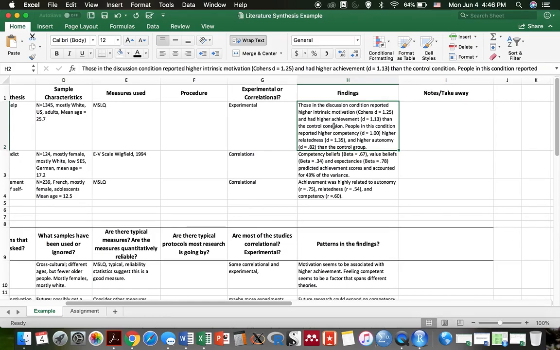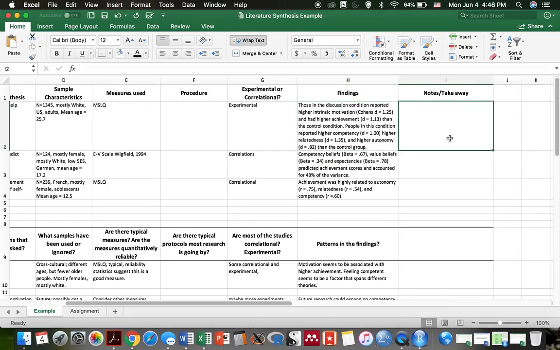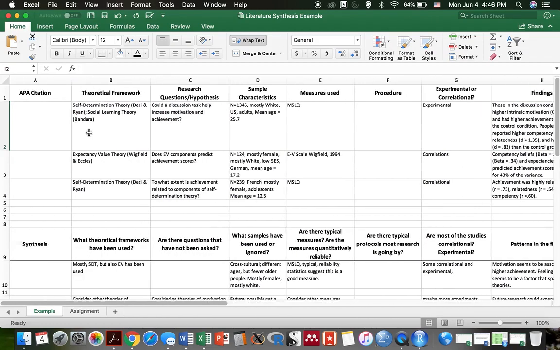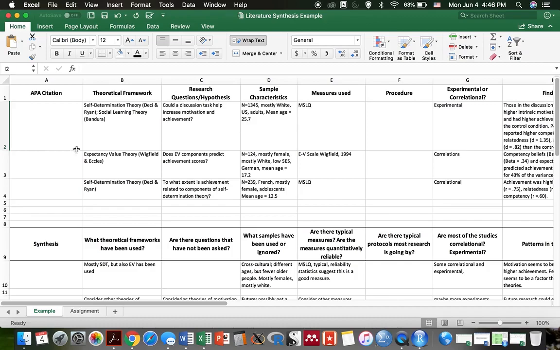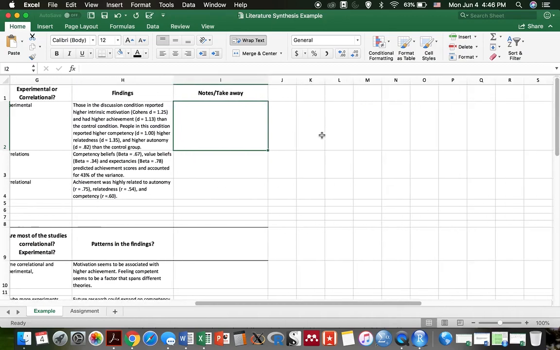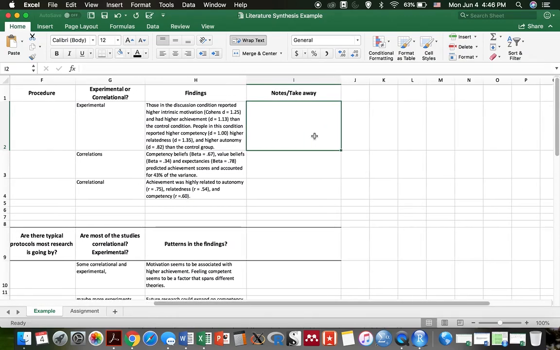So that goes here. And then your notes and takeaway, this is for you to write anything that you want to. So sometimes what I'll do is I'll be reading the article and I'll find something within the literature review part, and I think, wow, that's a really good citation. I really need to find that. So I will put that here, and it will help me find more relevant articles that I can use to add to my matrix.